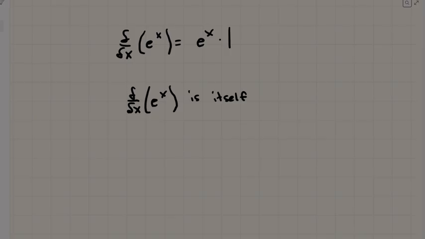For whatever reason, it has significance in our universe. And it is kind of considered the growth rate of the natural universe. And so it is quite fitting then that the derivative of e^x, which explains the growth rate, is just itself. So it is its own growth rate. So that's a super important concept for calculus as well.